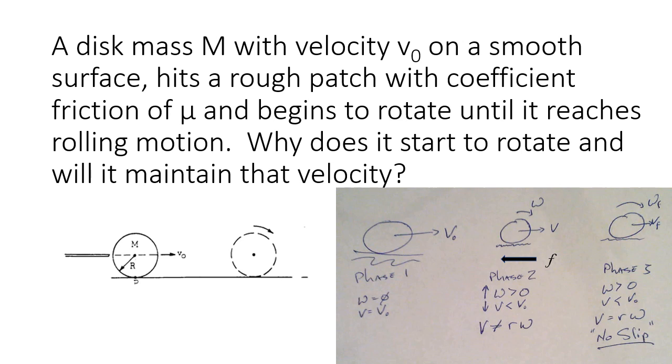In phase two, that doesn't apply because it still might be moving linearly faster than it is traveling angularly, meaning that if it does one full rotation, it might travel more or less than 2 pi r distance. But by phase three, where it's rolling with no slip, every time it does one full rotation, it's also traveling 2 pi r meters.